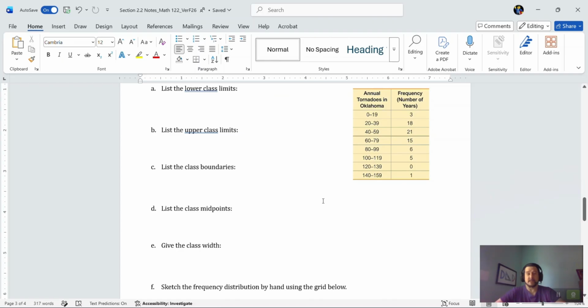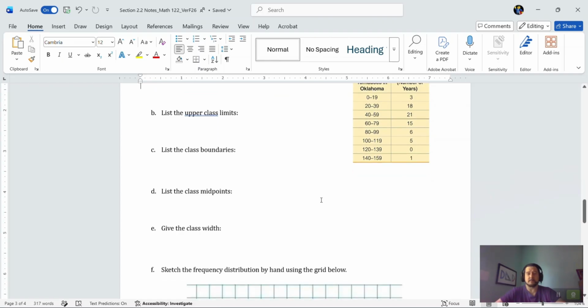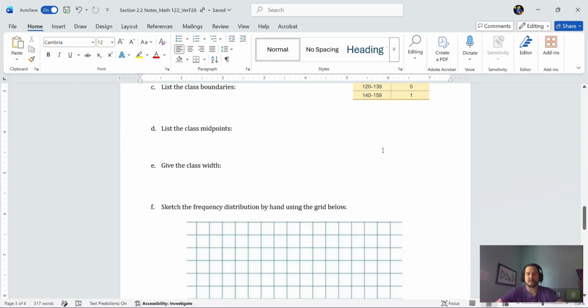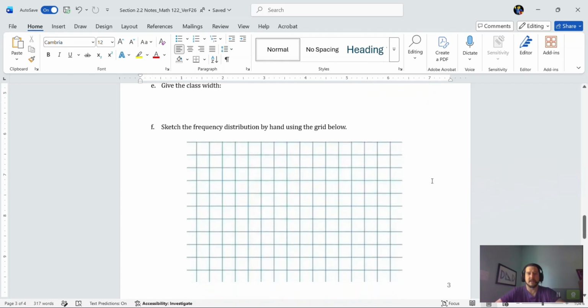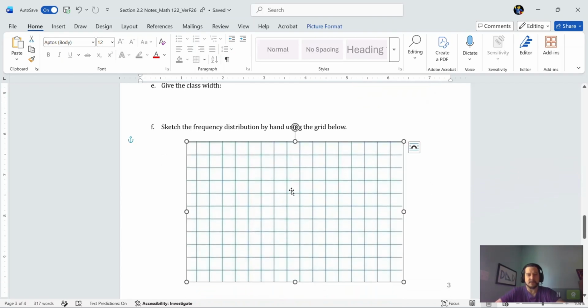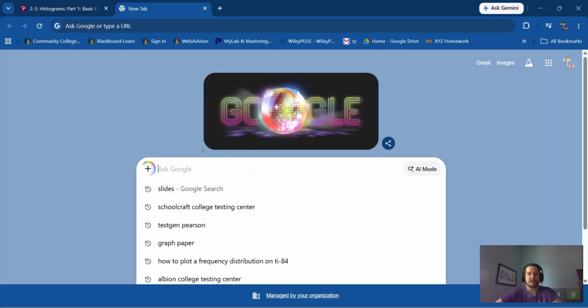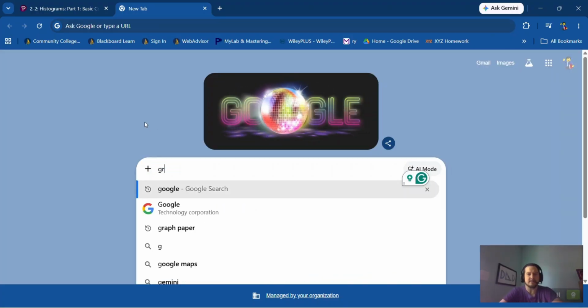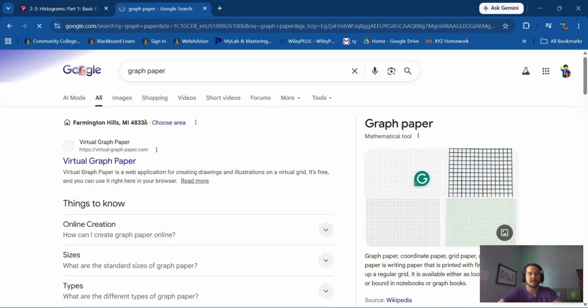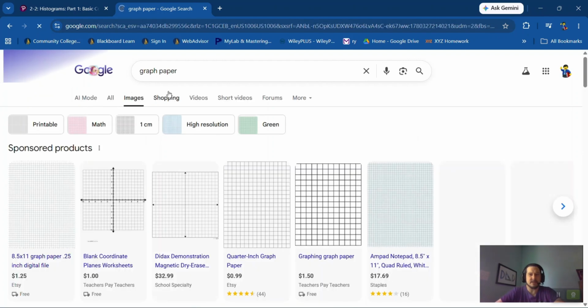Another thing that I wanted to do with this was show them how to sketch this out by hand. For this grid right here, I just did a quick Google search and typed in graph paper, and I looked at images.